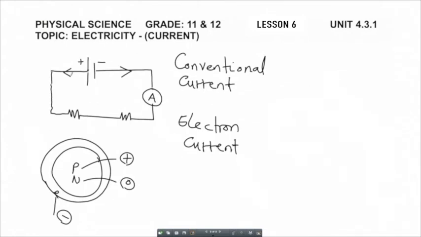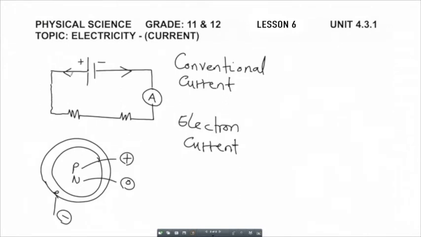So let us quickly make a conclusion, the final conclusion based on this topic. In our objective, we specified that at the end of the lesson, a learner must be able to state that current is related to the flow of the charge. So therefore, the charge in this case would move from positive to negative.